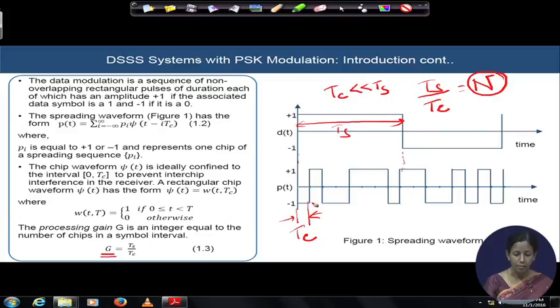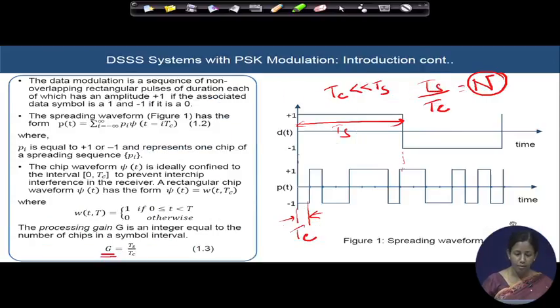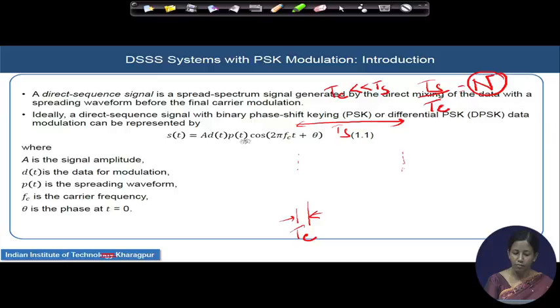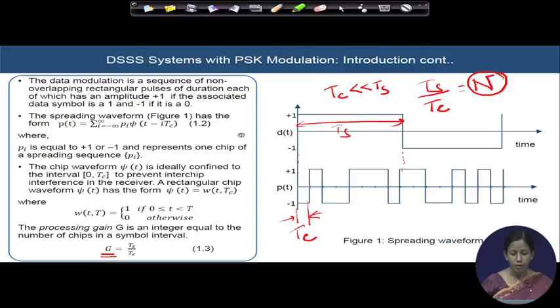Once I multiply d(t) with p(t), as the signal model previously shown in equation 1 says, that the spread signal is obtained by the multiplication of d(t) with p(t), then at the end of this multiplication I will end up with the chips only; there will not be any existence of the bit.